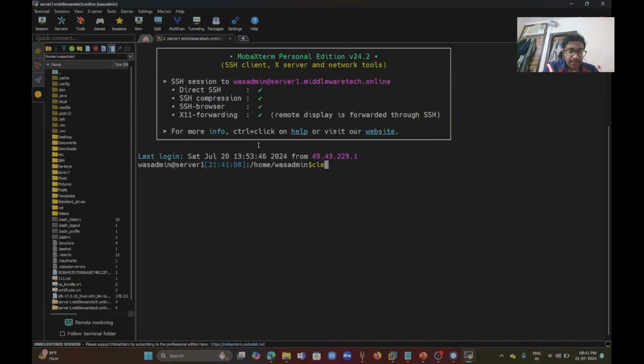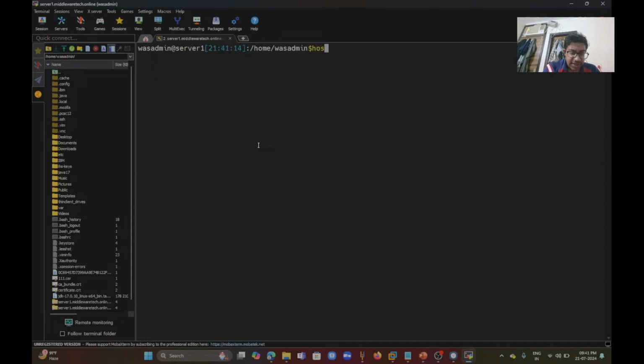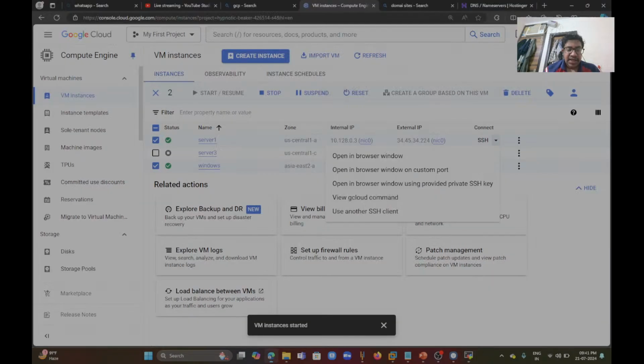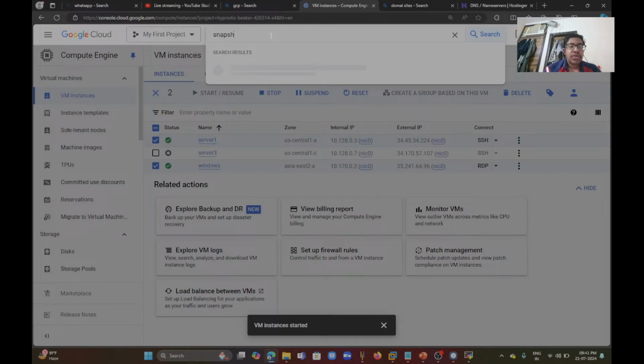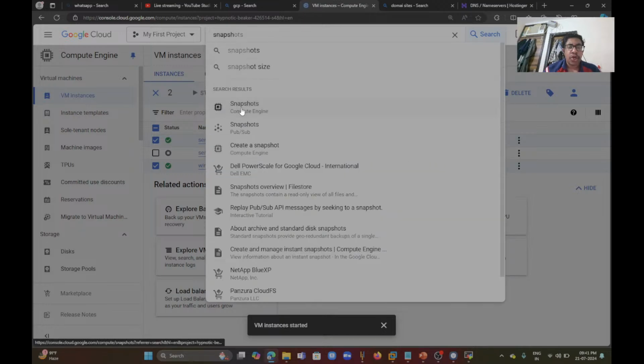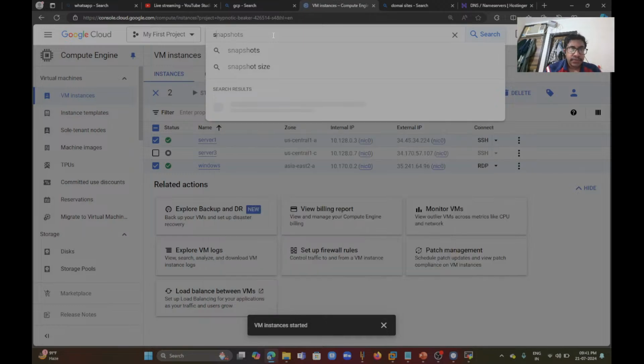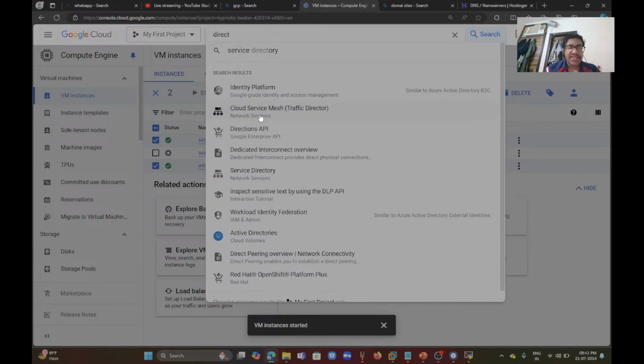I log in to the server and perform the operations. How to take a backup of this? There is a snapshot available. Snapshot is available, and directory services are also available. Active Directory is available.